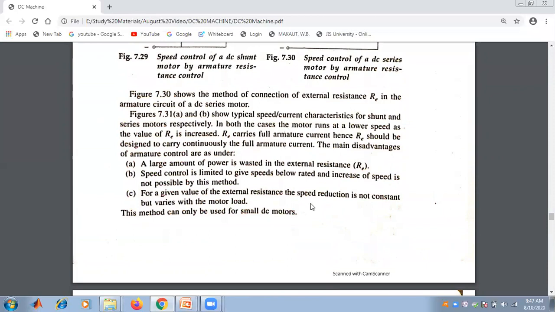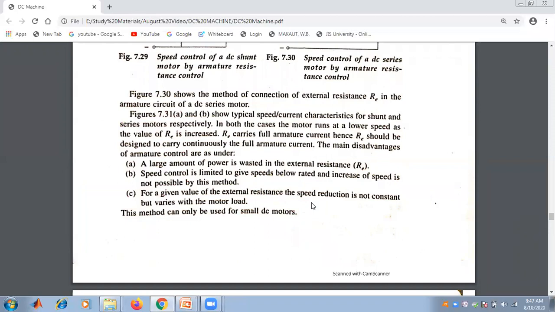In both cases, the motor runs at a lower speed as the value of Re is increased. Re carries the full load armature current. Hence, Re should be designed to carry continuously the full load armature current.